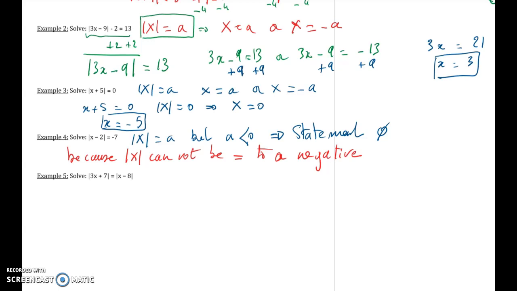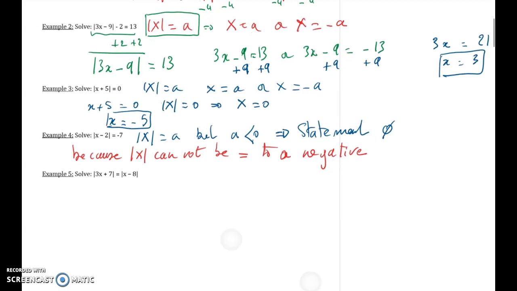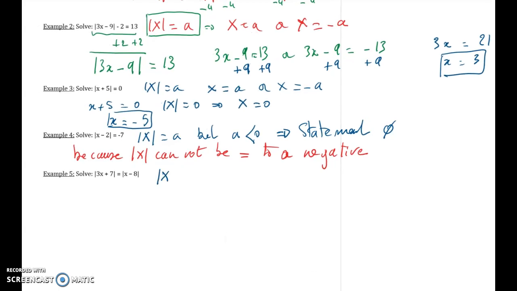Alright, so now let's do example number 5. We have the absolute value of an algebraic expression equal the absolute value of another algebraic expression, and that means x equals y, or x equals negative y.